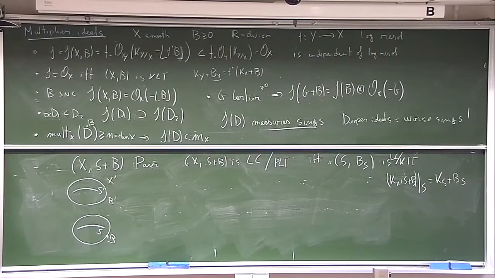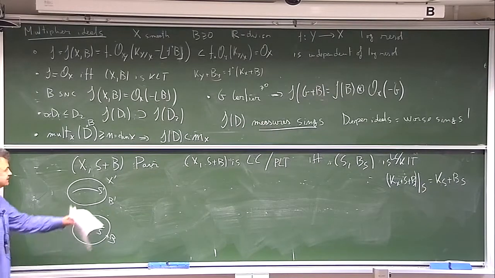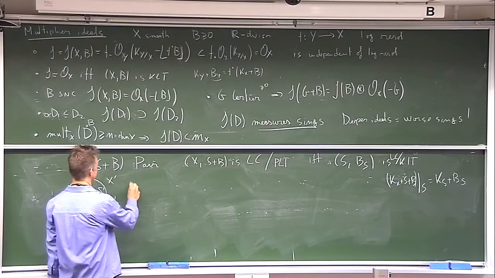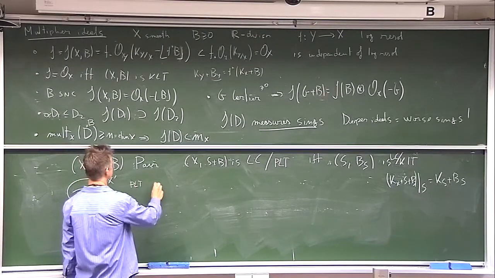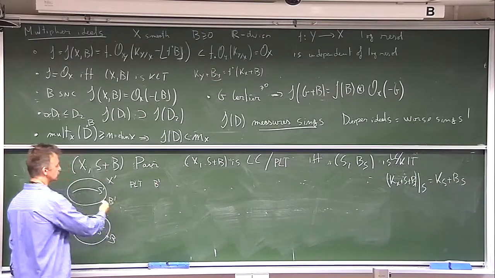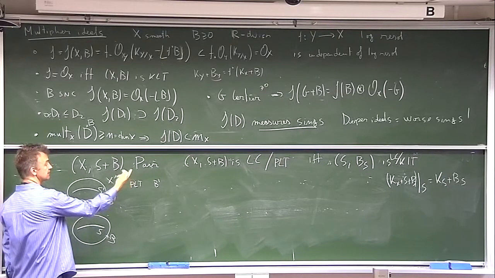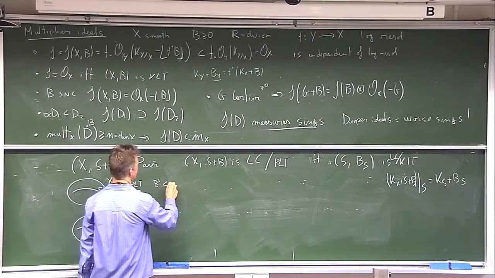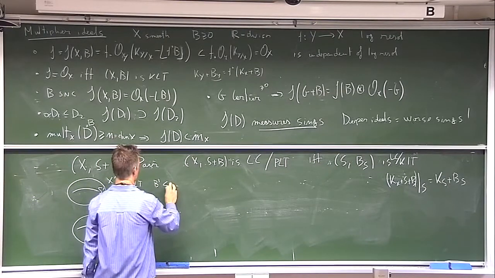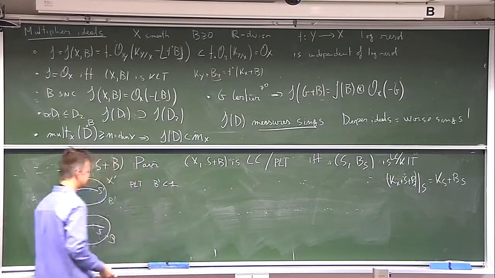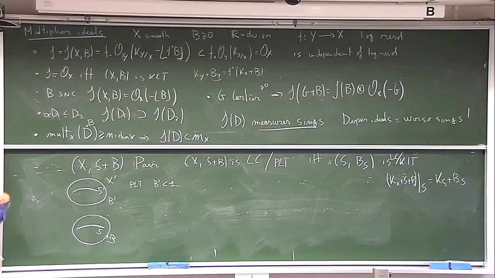Saying that it's PLT means precisely that for any log resolution, the coefficients of this B prime are strictly less than 1, or the coefficients of the discrepancy, which is minus that B prime, are strictly greater than -1.